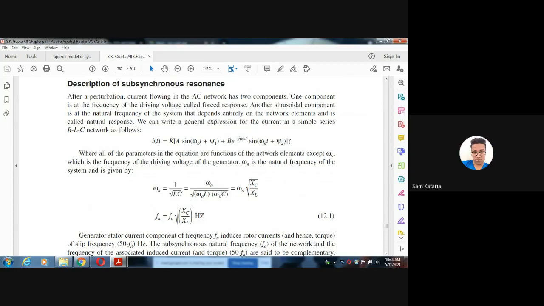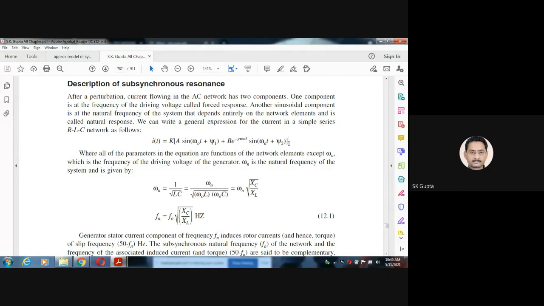Yes, no sir. Santram, yes, see, what did we tell so far? What is the force response, that is the steady state response, that is, or you can say what is that frequency omega 0. And another thing we told, the natural response or transient response, that is because of this natural frequency, the signal of natural frequency. And we told subsynchronous, synchronous, we told subsynchronous, then we described what is resonance.